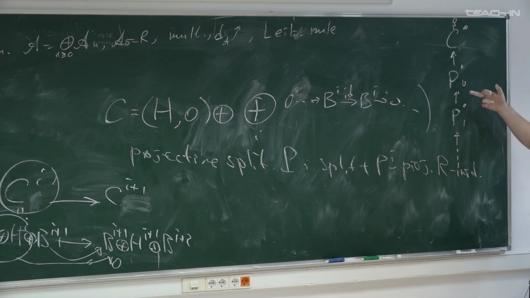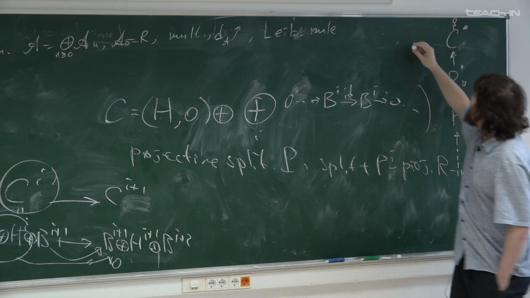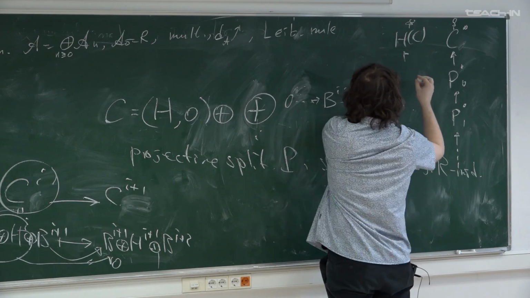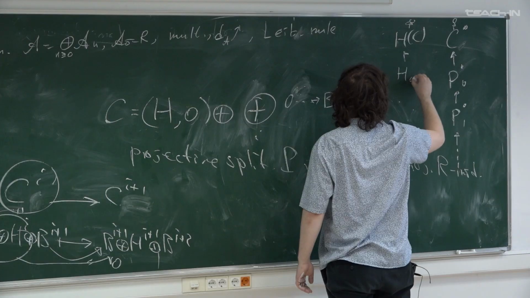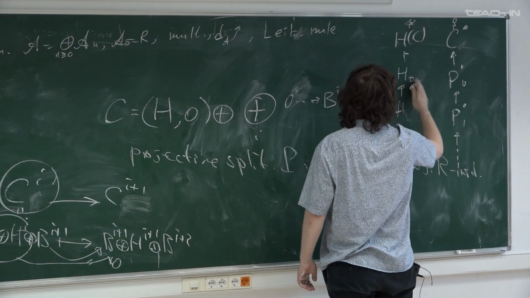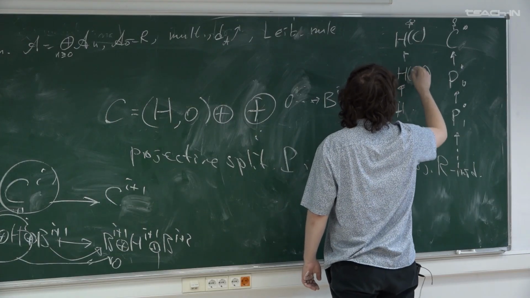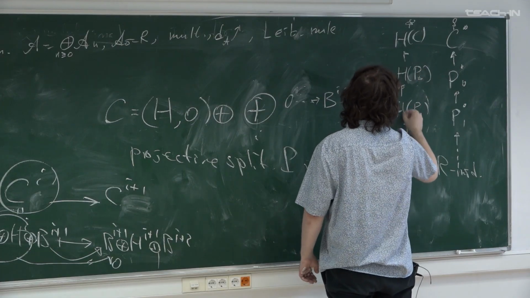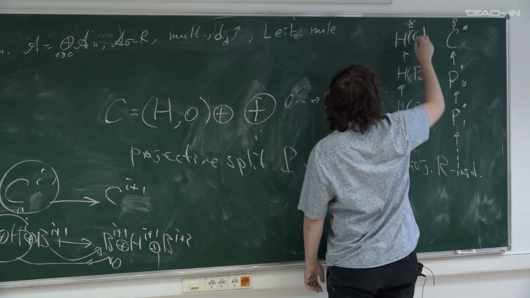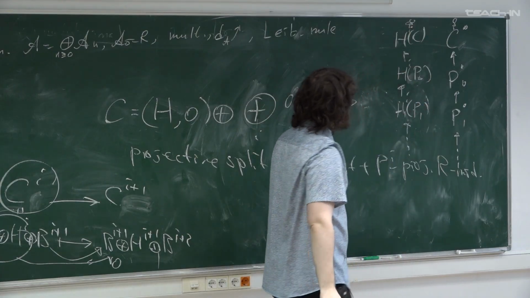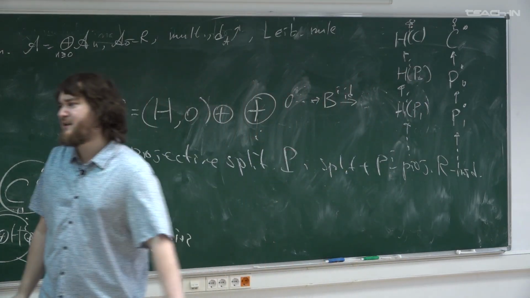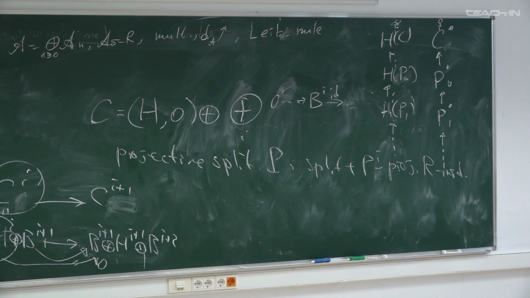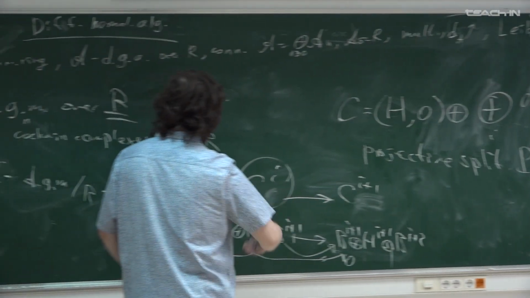And if I consider homologies, I obtain a projective resolution of cohomology, H0, H1, and so on. We checked this, in fact, in the beginning of the course. It's more or less done inductively.